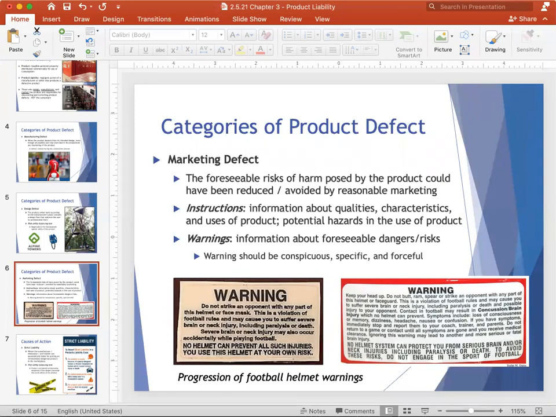And also, as you can see, this warning has evolved over time. So the picture on the right-hand side is the most recent warning on football helmets, which is much more specific and much more forceful. So you can kind of see the evolution of marketing for athletic equipment.